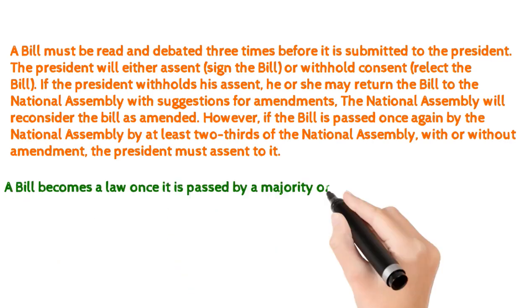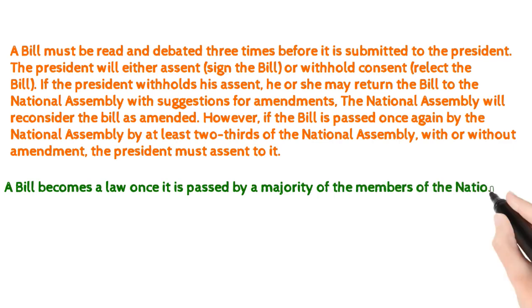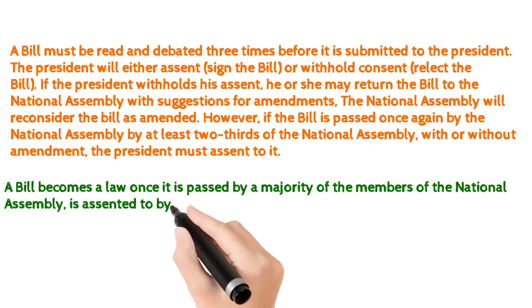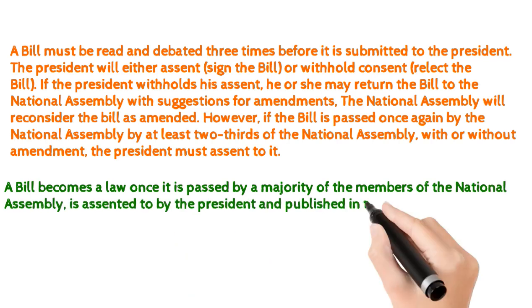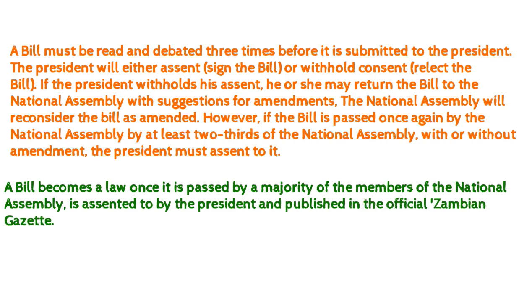A bill becomes a law once it is passed by a majority of the members of the National Assembly, is assented to by the President and published in the official Zambian Gazette. Then a bill becomes a law.